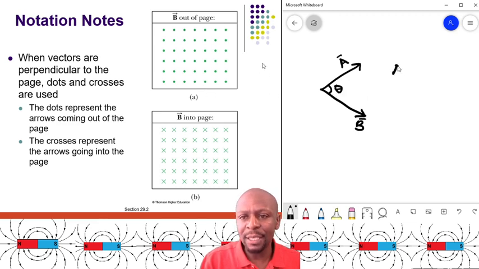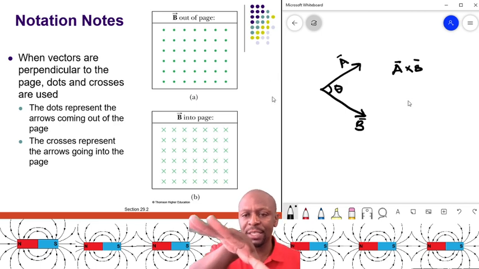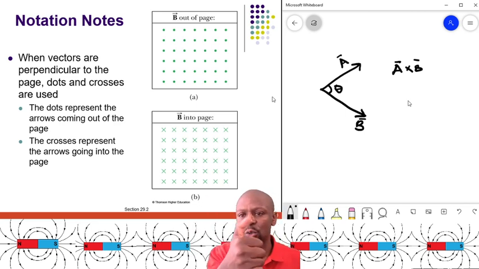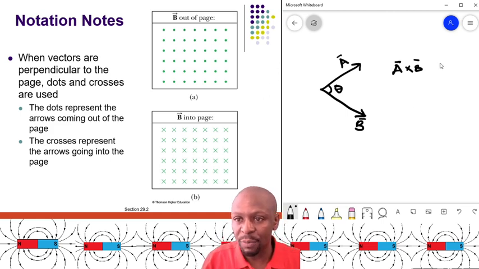When I say A cross B, you go the shortest distance from A to B, and the thumb is always going to show us the direction of that vector, which is made by A cross B. A cross B can be another vector, say vector C. So A cross B is just into the board. When that vector is going into the board, we normally denote it by a circle with a cross.